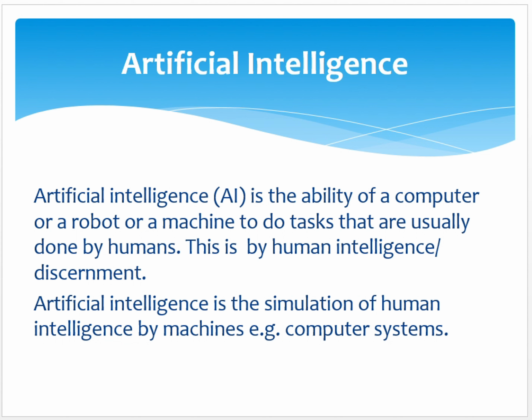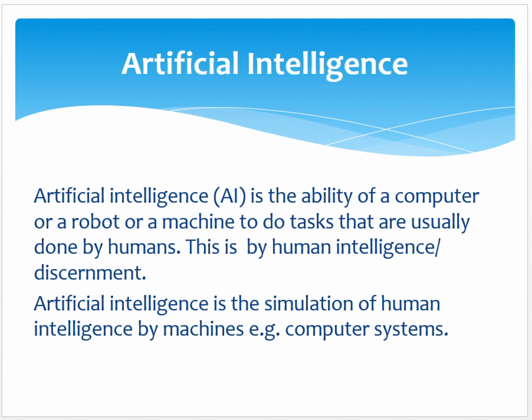So artificial intelligence is the ability of a computer or a machine to behave like human beings, or a way of making a gadget or a machine to do tasks that the normal human being does.